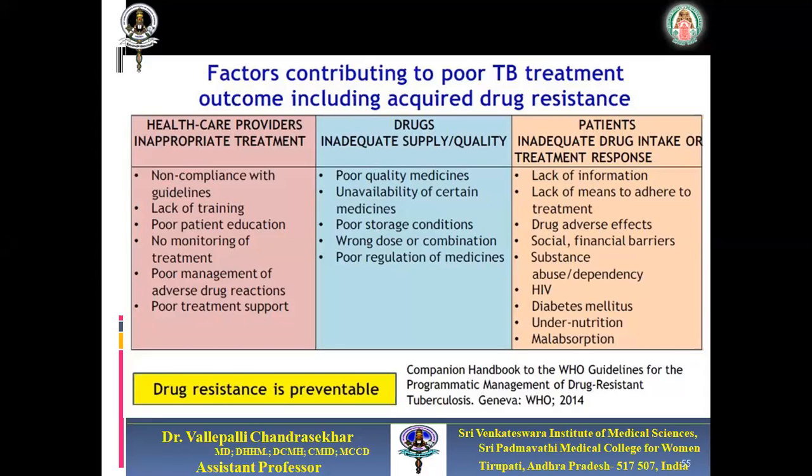These are different factors contributing to poor TB treatment. So again, this drug resistance is completely preventable. This you have to remember, and you have to educate the patients with drug resistant TB.